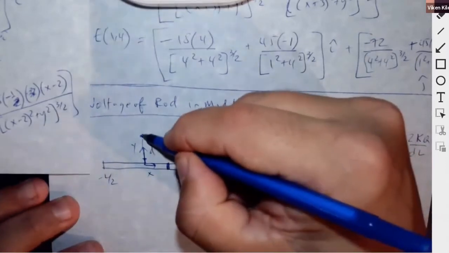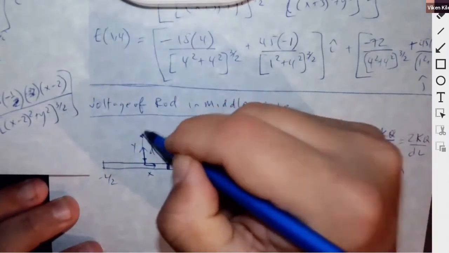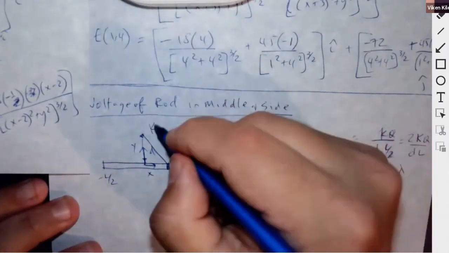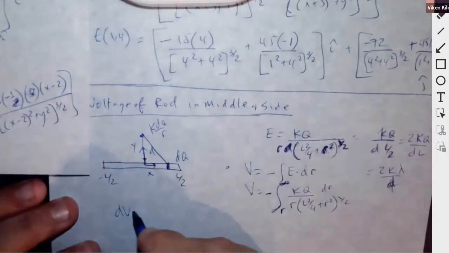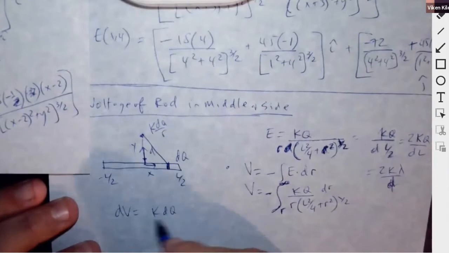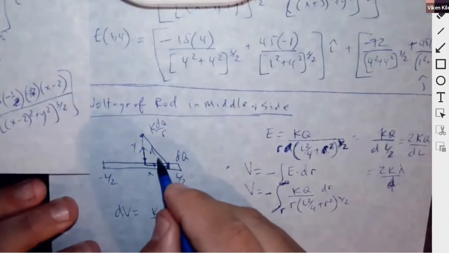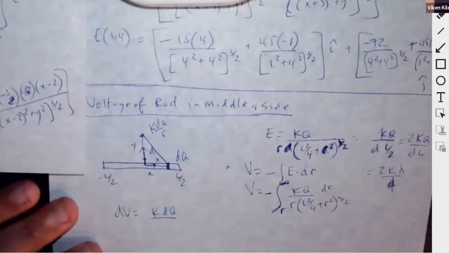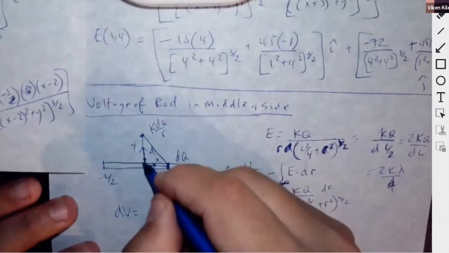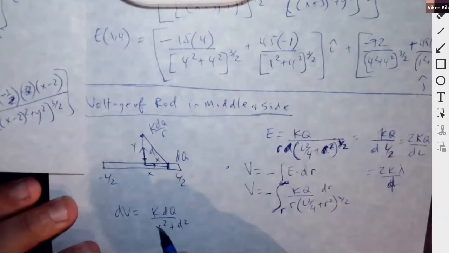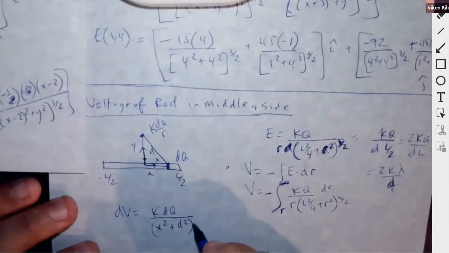You can say, okay, the voltage created by that dq is k dq over R. So then we have dV is equal to k dq over, and this distance is x, right? So then you have x squared plus D squared to the 1/2 power.